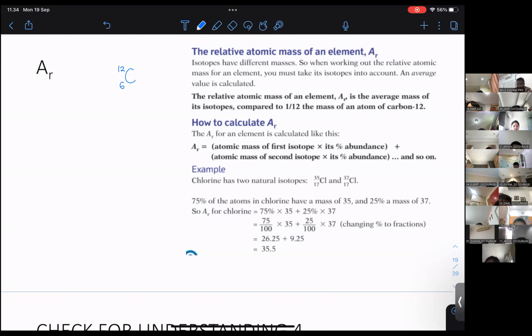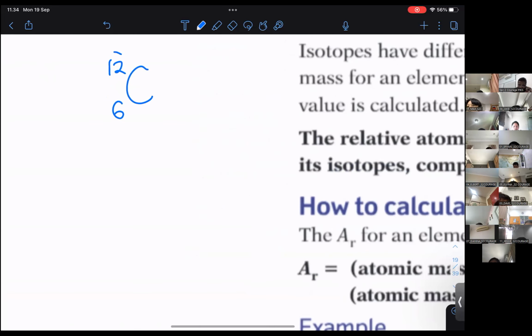It means that carbon is 12 times heavier compared to, let's say I just try to compare, this person is 1, and then this person is twice as heavy compared to number 1, so I just put 2.